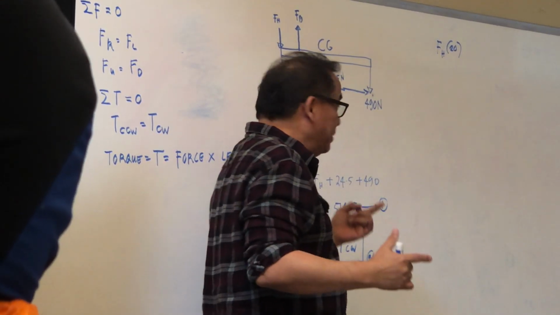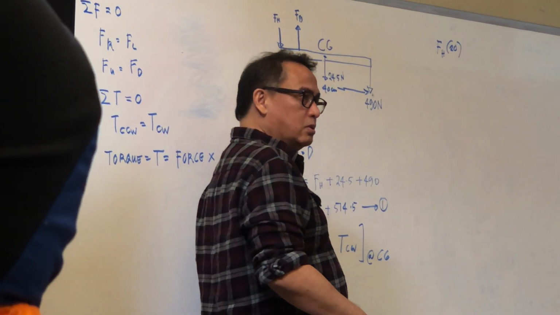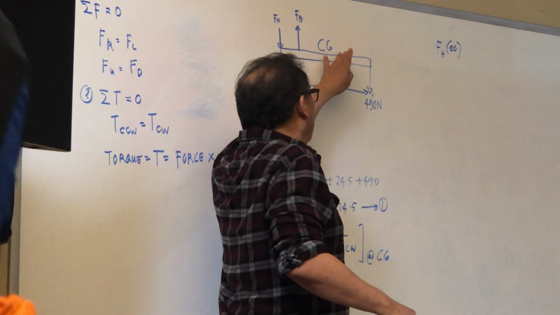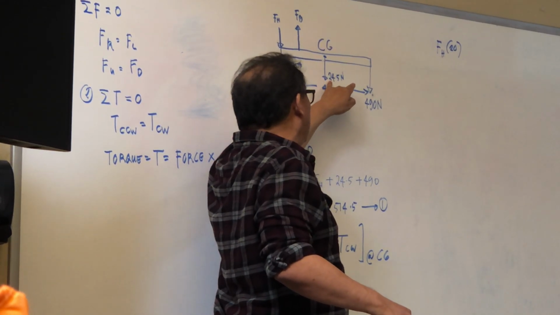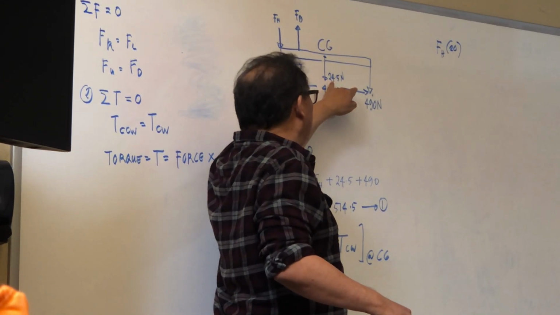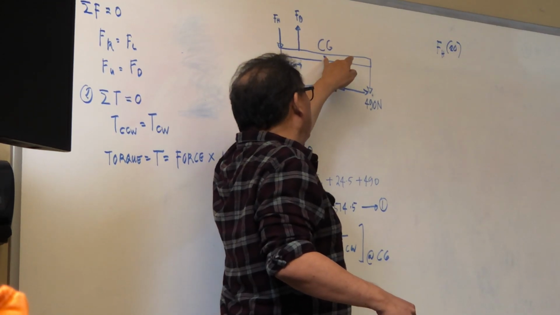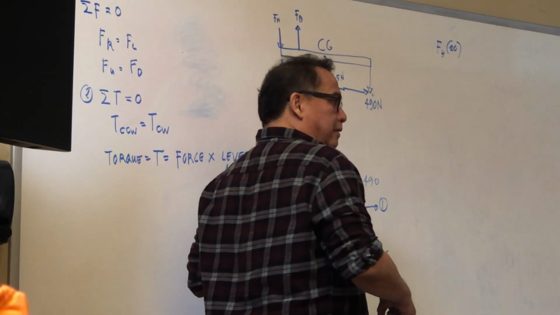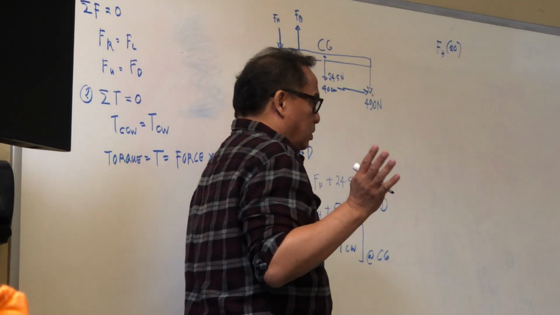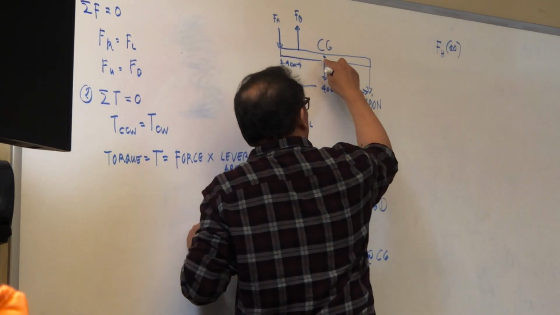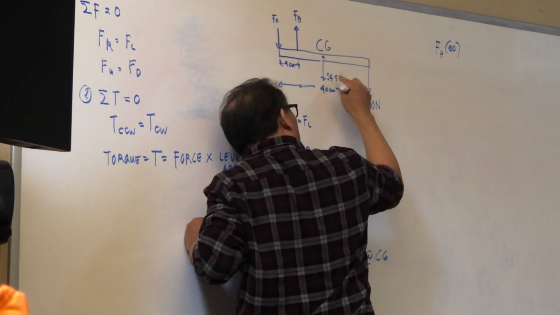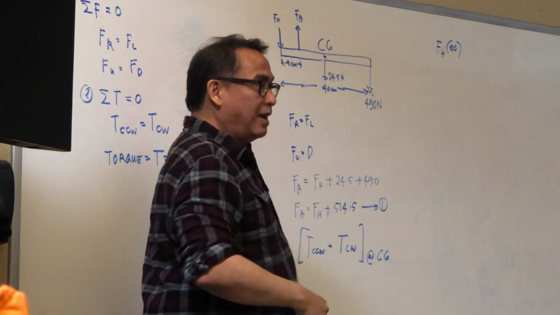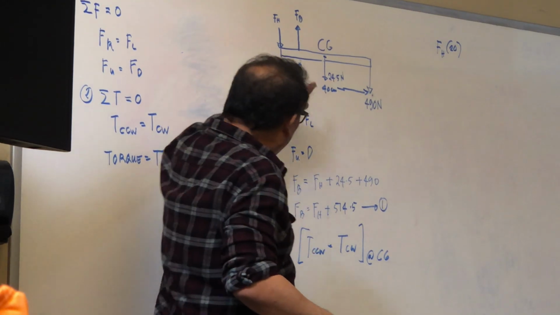The lever arm is 0. So there's no torque contributed by the 24.5 newton if your pivot point is there. Don't include that. Effectively, you have murdered this 24.5 newton force.